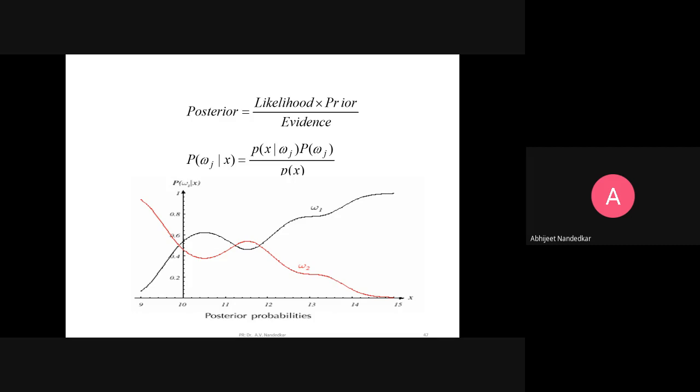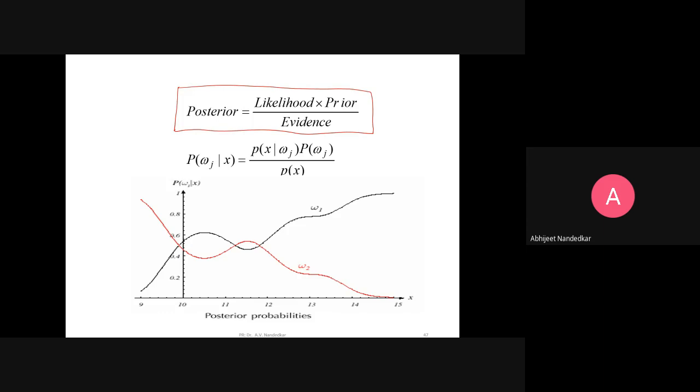Now, the Bayes formula is very simple. This is the thing this whole subject will depend on. Now, if you try to understand what is the posterior, what is the likelihood, what is the prior, then you have to understand the basics of probability.